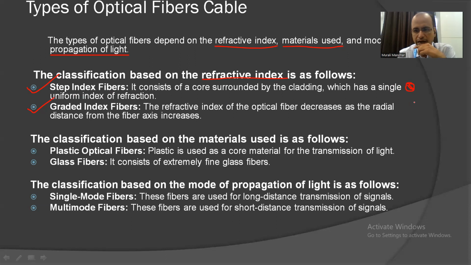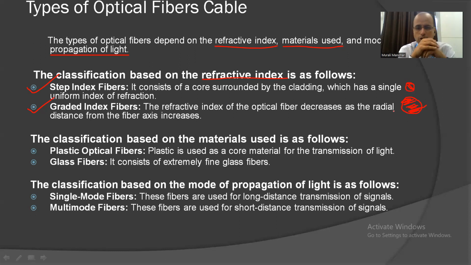But in the case of graded index, suppose this is the cable, I'm representing the thickness of the cable. From the outer side it is more dense, but on the inner side it is rare. Outer side more dense, inner side rare. So, on the basis of refractive index, there are two types of cable: step index and graded index.